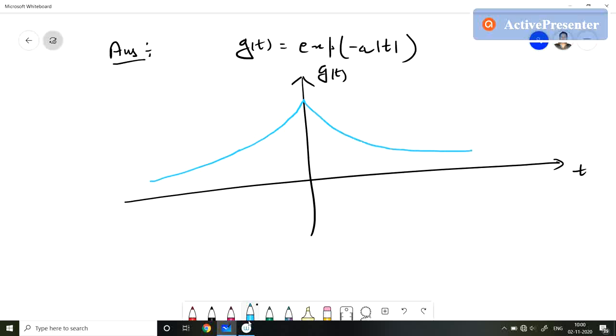Here we get a value of minus 1 divided by a, and here a value of 1 divided by a, and this is 0. At t equals 0, we have 1. So this figure is called the double exponential pulse.